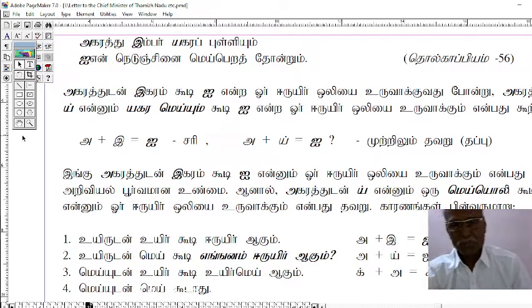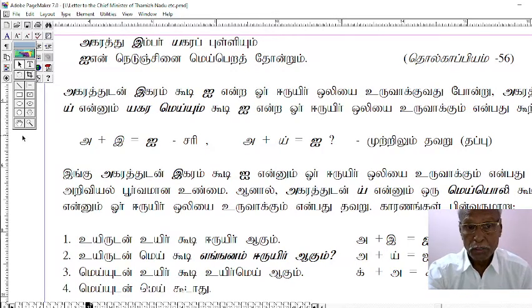Here, Tolkappiyar also says, through the definition 56, அகரத்து இம்பர் யகர புள்ளியும் ஐயன் நெடுஞ்சினை மெய்பெறத் தோன்றும்.